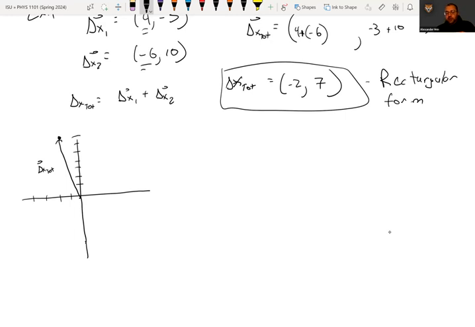Now, if we want to put this in polar form, the first thing we want to find is delta x total, the magnitude of that. Graphically, you can see this is a triangle with 2 and 7.